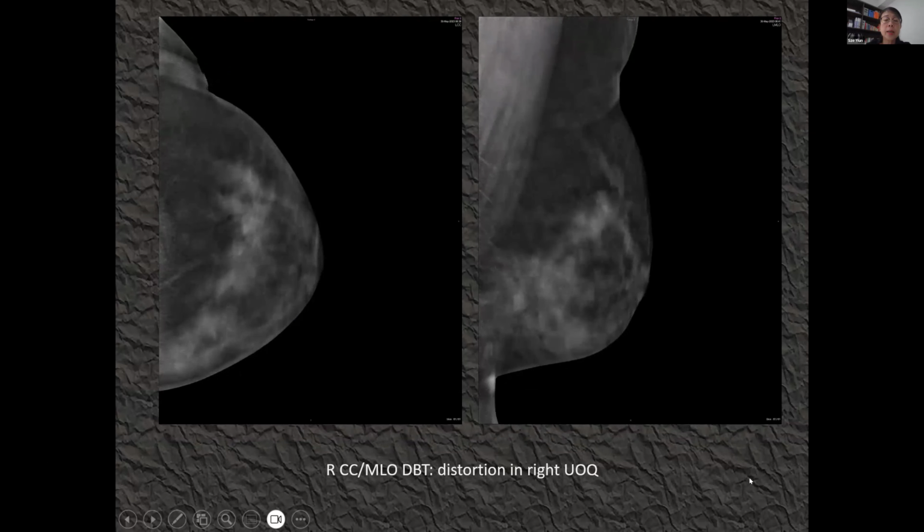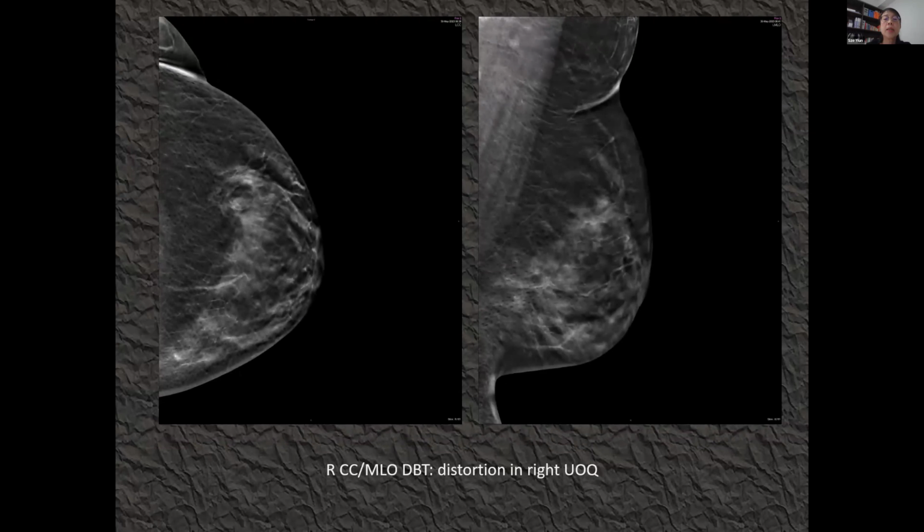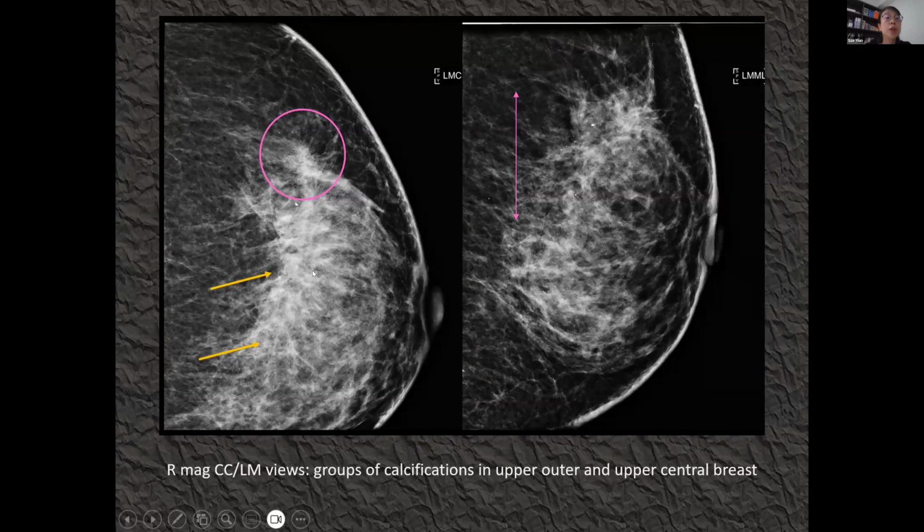We also noted calcifications in the rest of the breast, so she underwent magnification views as well. There are calcifications associated with the distortion in the upper outer quadrant, as denoted by the pink circle. There were additional groups of calcifications in the central and slightly medial breast, as denoted by the orange arrows.